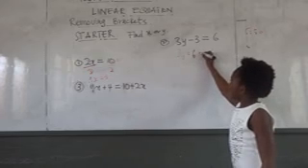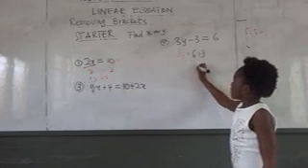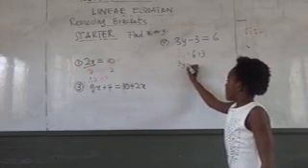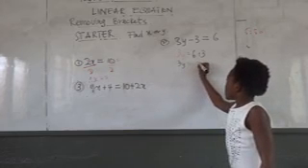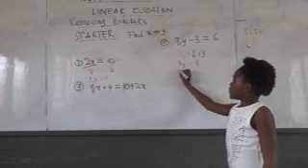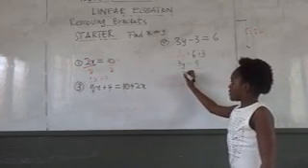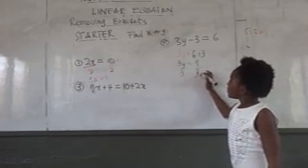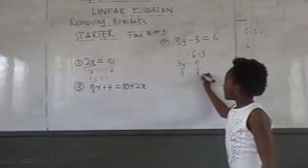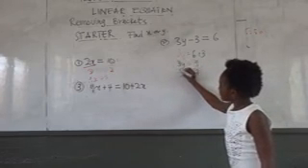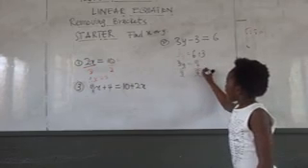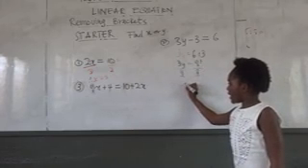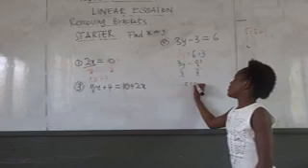So 6 plus 3. So 3y equal to 9. We divide both sides by the coefficient. The coefficient is 3. Then we cancel. 3 times 3 is 9. Therefore, our x is equal to 3.